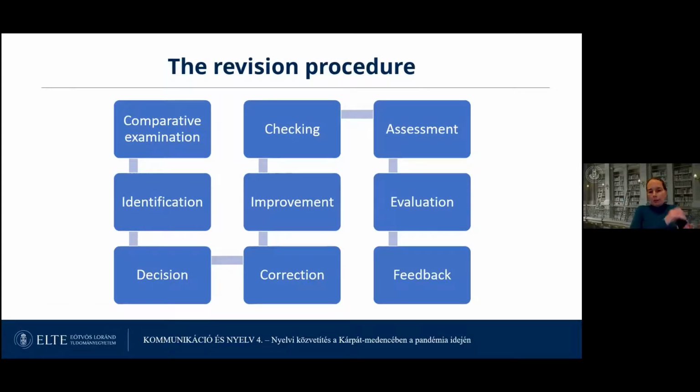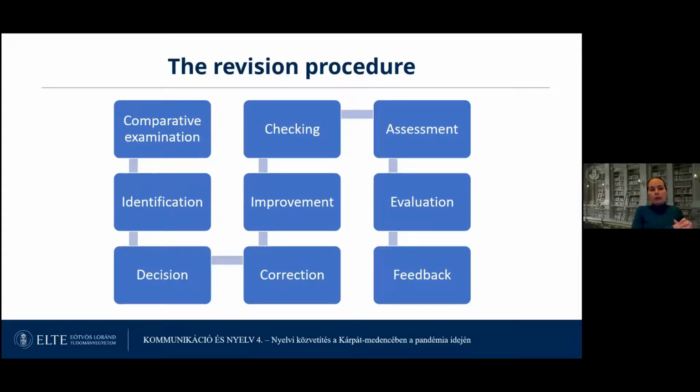The revision procedure consists of a number of micro steps, and in these micro steps, errors may occur that endanger the purpose and the quality of revision. When the reviser starts the work, they need to examine the target language content compared to the source language content.